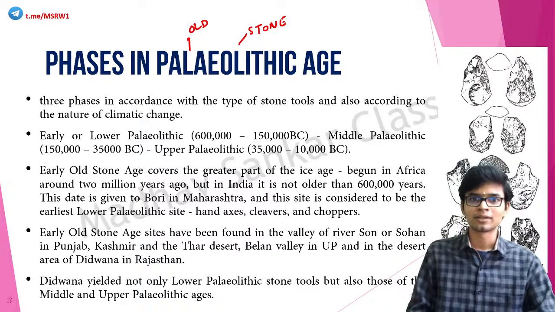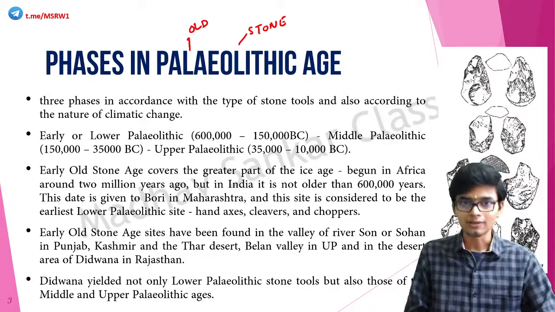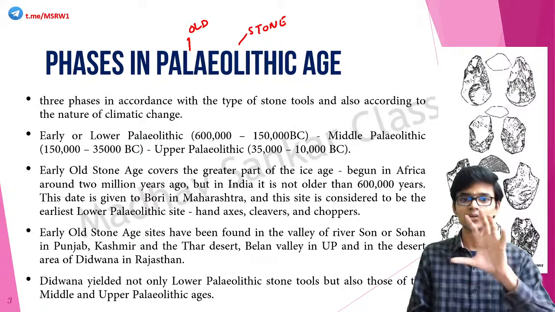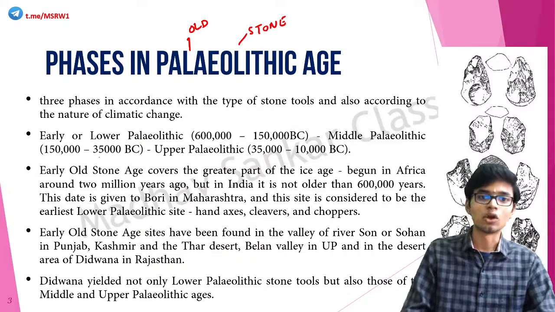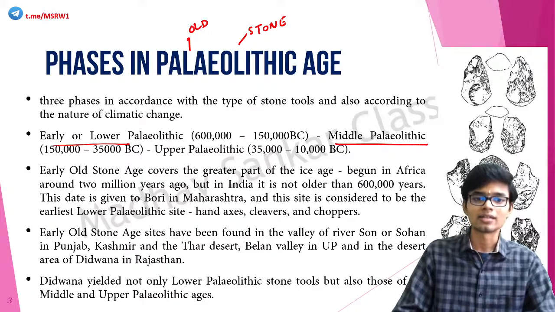Okay, so within the Paleolithic age itself, the Old Stone Age, it can be classified into different subsegments: Lower Paleolithic or Early Paleolithic, Middle Paleolithic, and Upper Paleolithic.